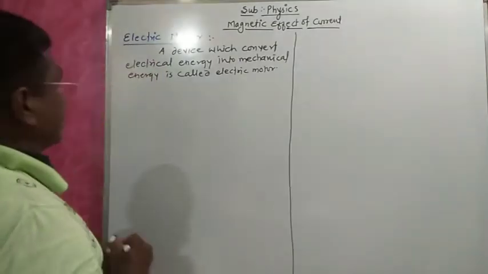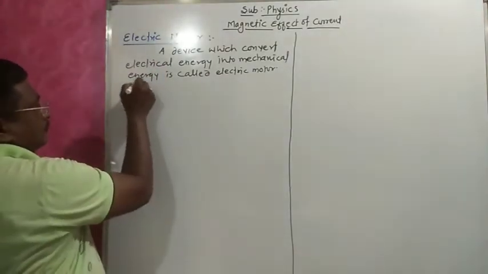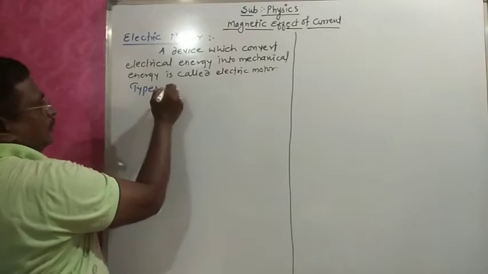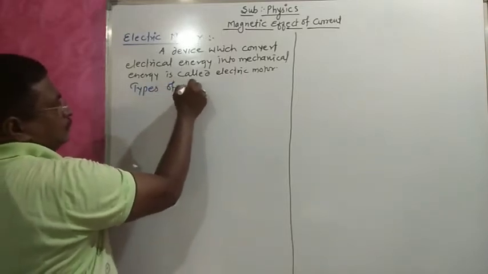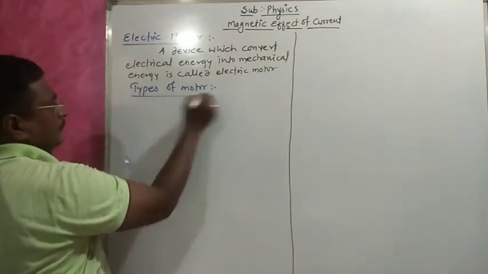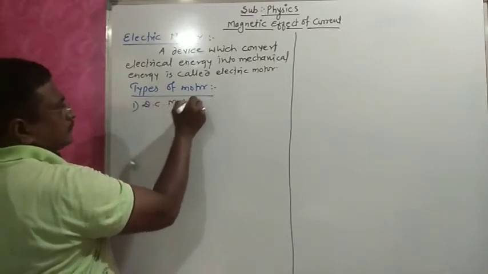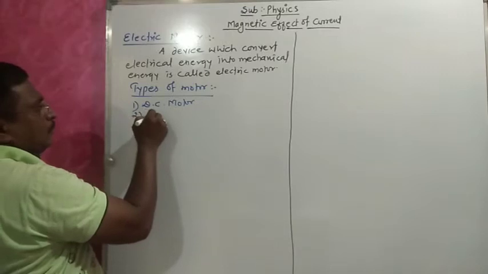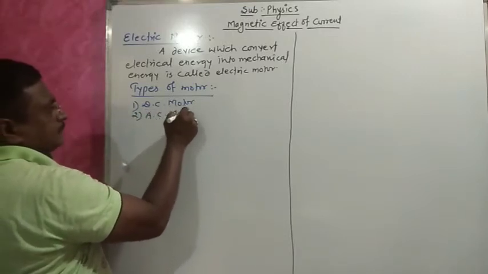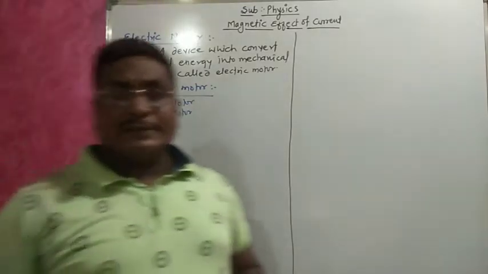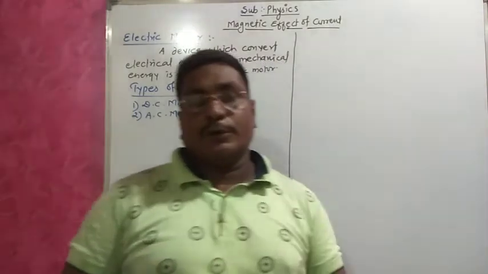There are two types of motors. Number one, DC motor, and number two, AC motor. These are the two types of motors.